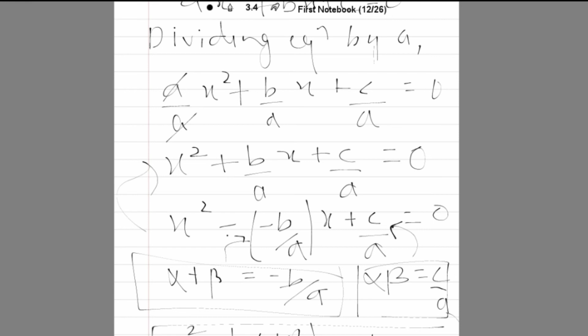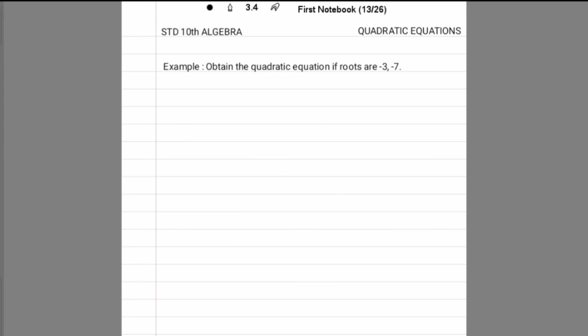So let's move to an example related to this topic. The example says: obtain the quadratic equation if the roots are -3 and -7. In this question they have given us two roots, that is -3 and -7. So we can just write it as let alpha is equal to -3 and beta is equal to -7, right?